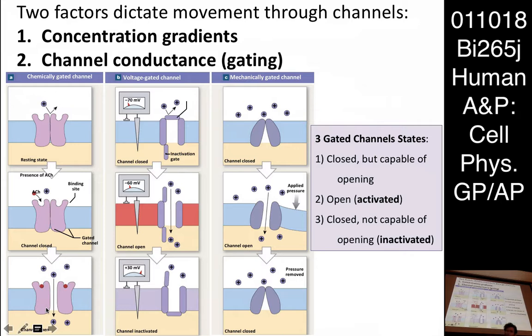But a patch clamp is basically a voltmeter, like an electrician would use. They'd stick it in the socket in a wall and see what the voltage is. It's the same thing here. There's a patch on the outside, and then they stick a probe through, and they can measure the potential difference from the inside to the outside of the membrane. All right?